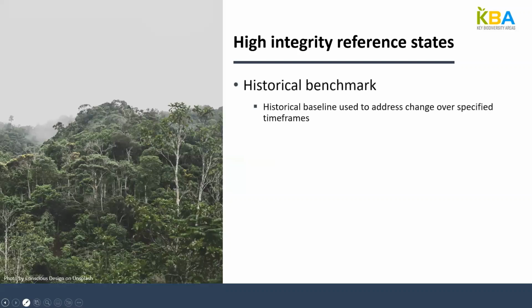So in terms of historical benchmarks or baselines, you can use these to identify the initial state of the ecoregion or the site in the ecoregion, and then compare the change in the site over specified timeframes. If you use historical benchmarks, you will need to include an explanation of why the historical benchmark is appropriate to the region.